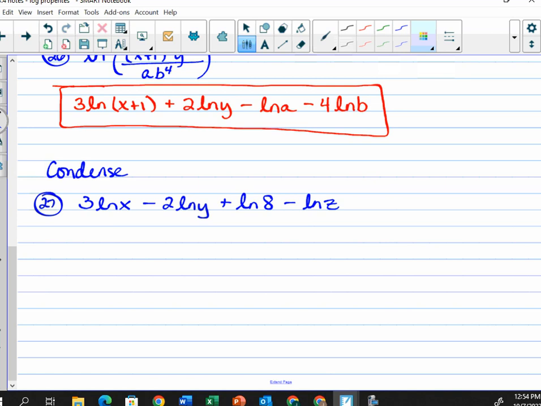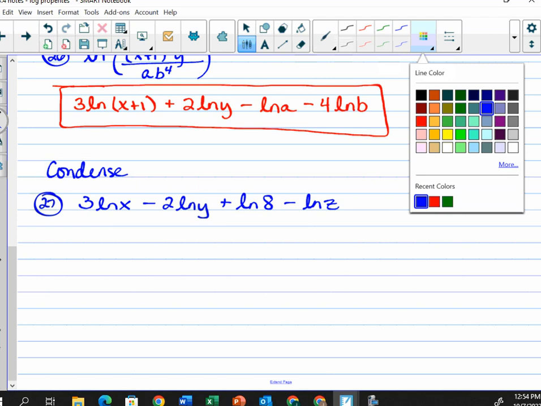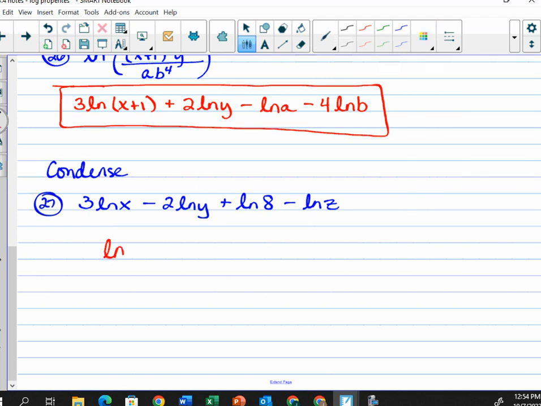If you guys are good with this one, we'll just do one. So in the end, you're going to have a single natural log, okay?